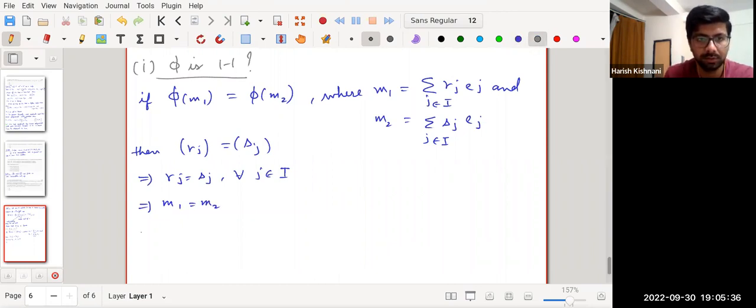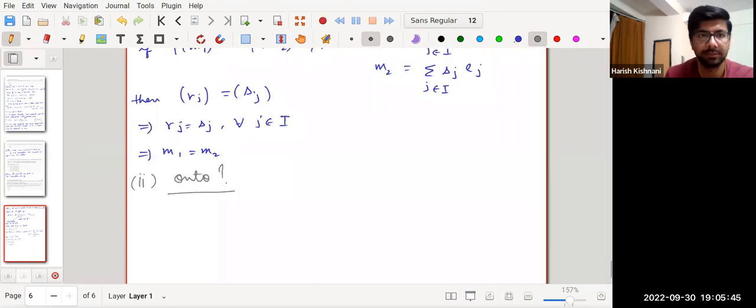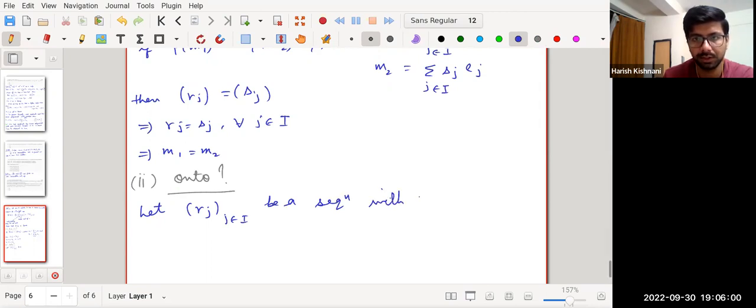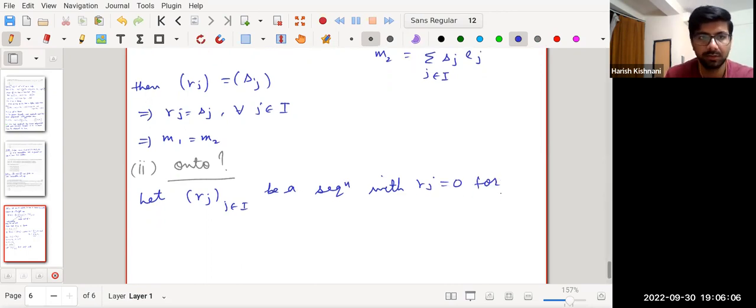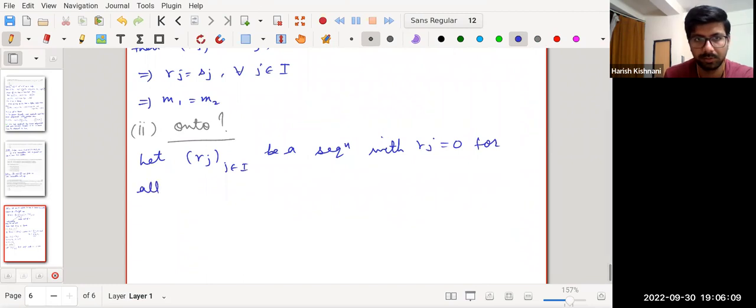For onto also you can say simply, let r_j, j inside I, be a sequence with r_j's equal to 0 for all but finitely many of j.